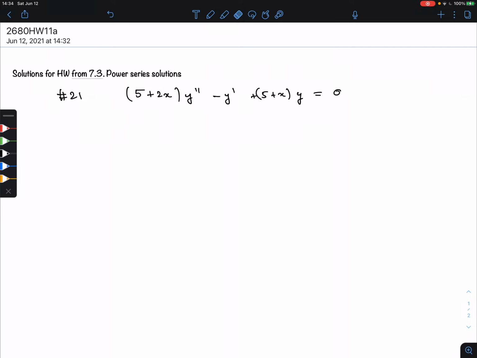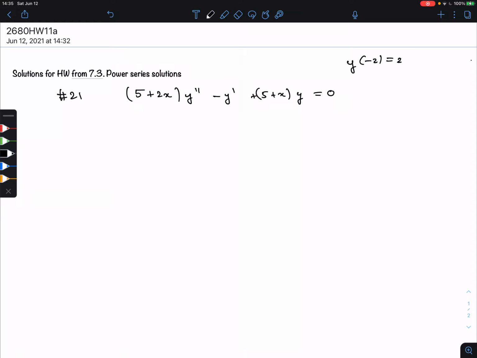And moreover, they tell us what is going on here, that y at negative 2 is given, and y prime at negative 2 is negative 1.